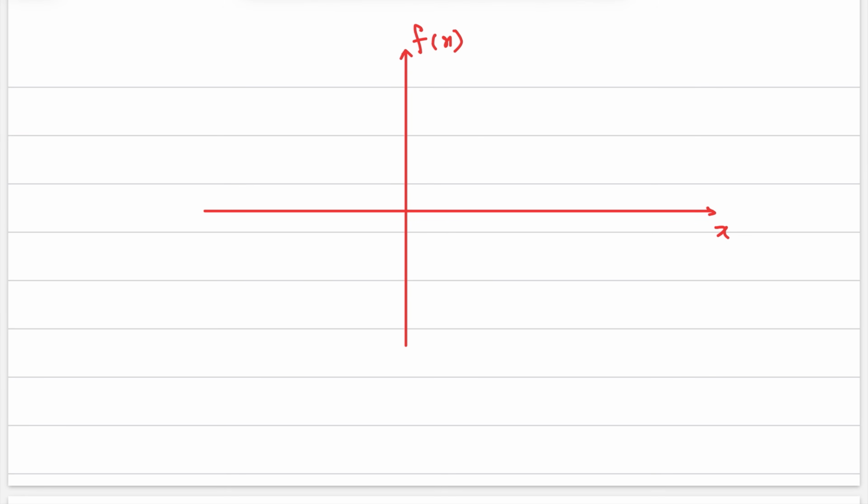Fourier series, initially it is shown like this.